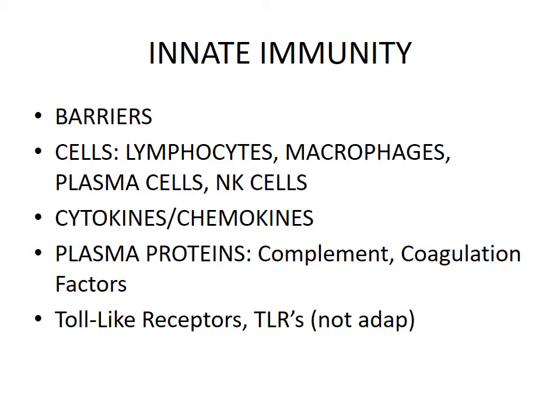Their main function is to present the antigen to cells like T lymphocytes and plasma cells, which are products of the B lymphocytes, and NK cells, natural killer cells, which are self-sufficient in killing microbes.